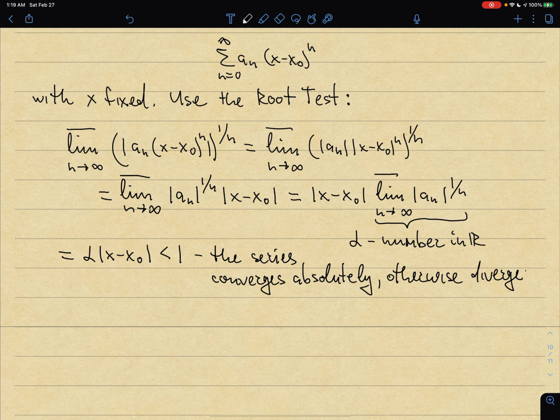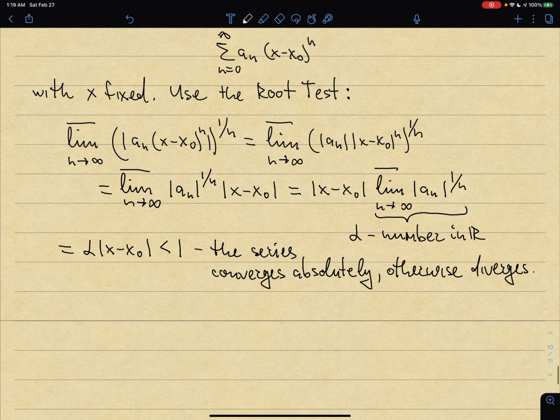I'm going to be not very careful now. It will diverge if this number is greater than 1, and when the number is equal to 1, remember that the test is inconclusive. But what is important is that I can guarantee that the series converges when alpha times |x - x0| is less than 1.